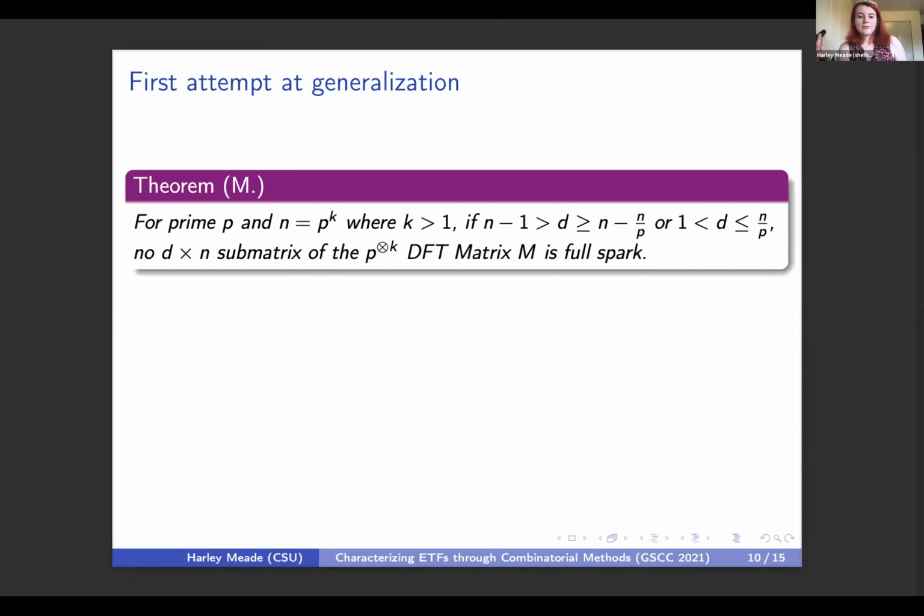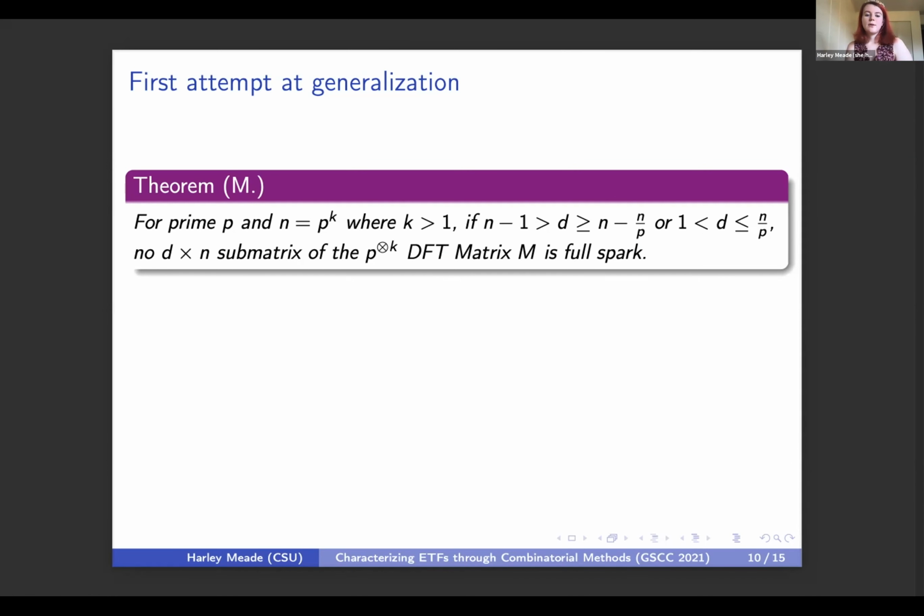So I've been working on trying to generalize this for non-cyclic DFTs. And by non-cyclic DFT, what I really mean is I take some cyclic DFT and Kronecker it with another one. So in this case, looking at prime powers, but now instead of just the cyclic n by n DFT, I'm looking at the p by p DFT Kroneckered with itself k times.